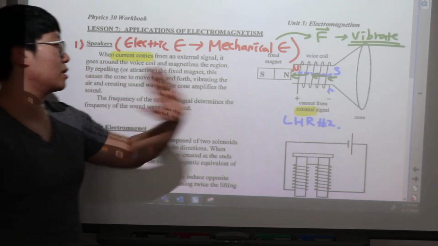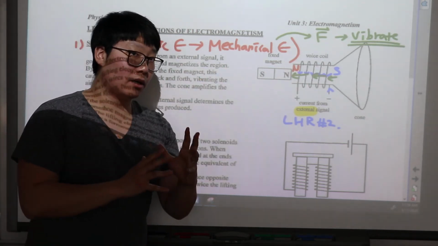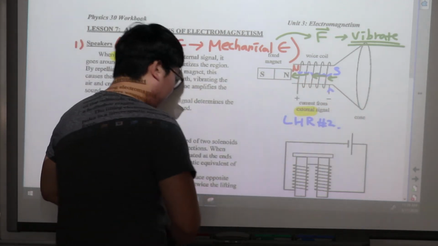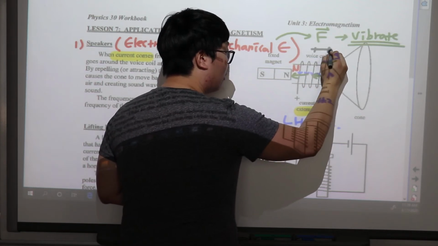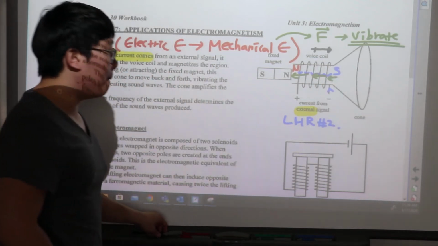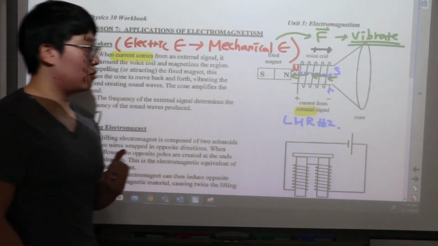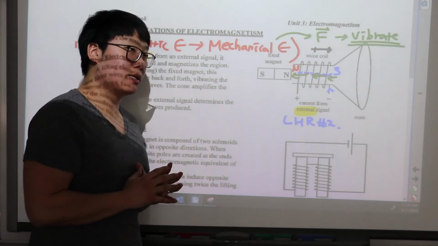If you look at just this diagram, north and north, there's a repelling occurring, which means they're going to move away. So technically this entire cone is trying to move away. But I can easily alter this electrode when it comes to an AC current system.